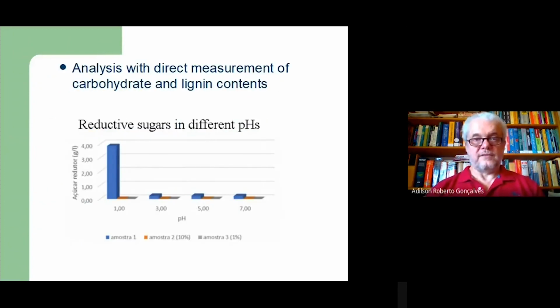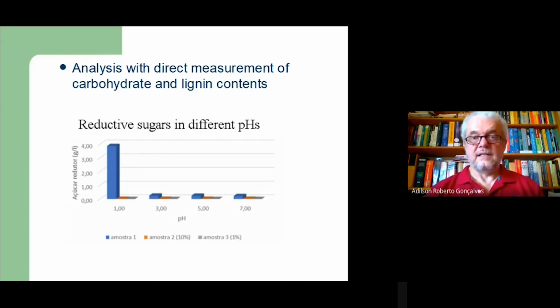The first question here is the analysis of total carbohydrate and lignin contents, because at this moment we still did not have HPLC working. Today we have, but at that moment we needed to find other methods to make this evaluation. So the first one was the traditional DNS reducing sugars assay, and then here we have this evaluated.